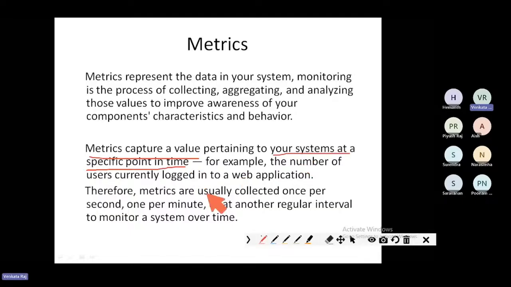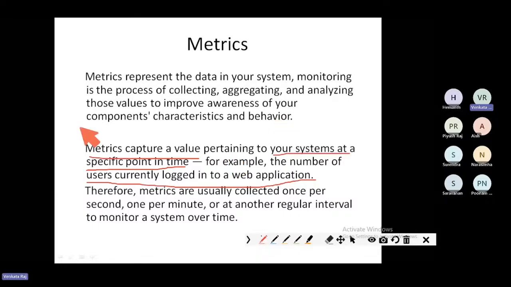So the number of users currently logged into a web application is a metric, but that is going to differ from time to time. So at that particular point of time, what is the value? And that is our metric. Are all of you clear?